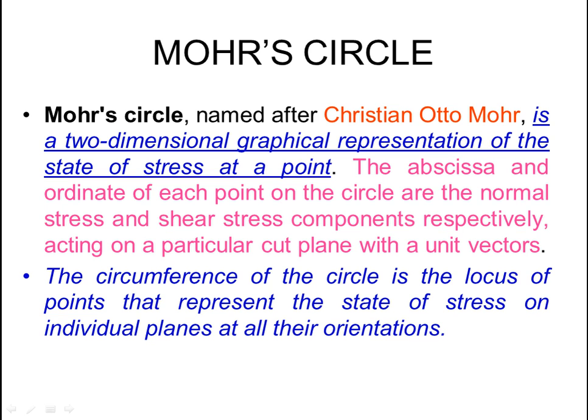The abscissa and the ordinate of each point on the circle are the normal stress and shear stress components respectively, acting on a particular plane with a unit normal vector. The circumference of the circle is the locus of the points that represent the state of stress on individual planes at all their orientations.